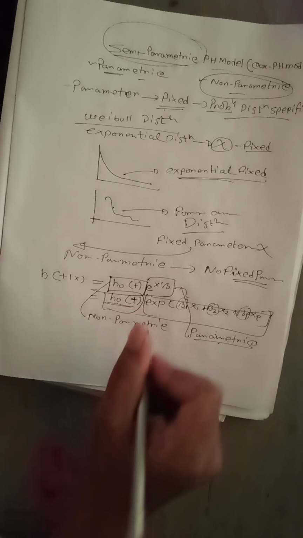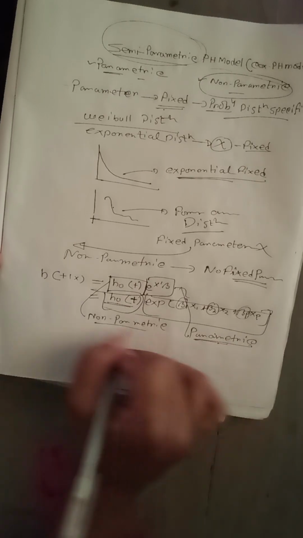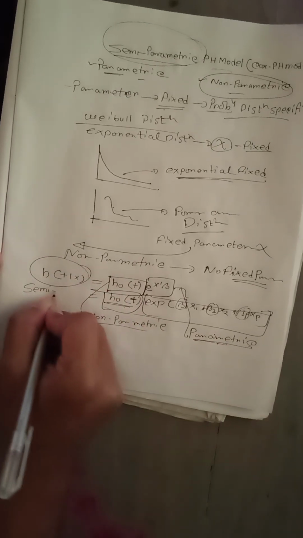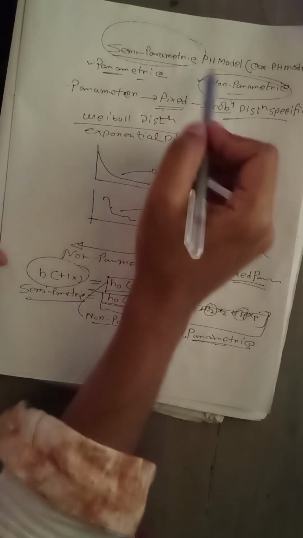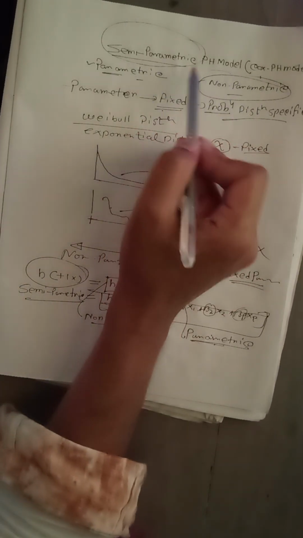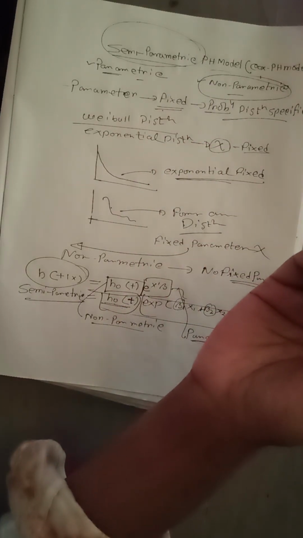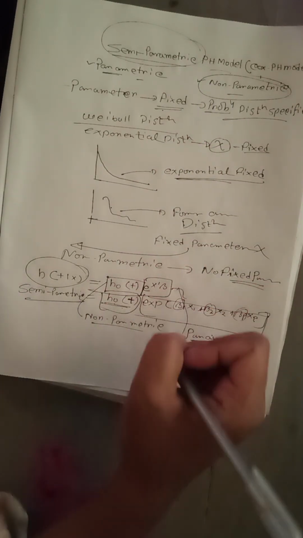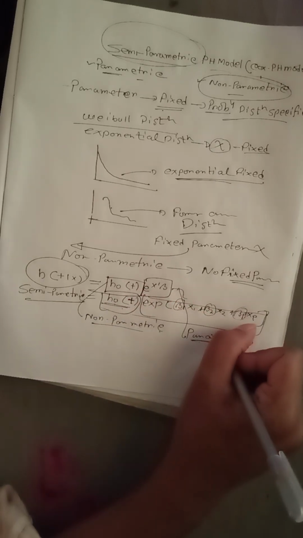So here are two parts, non-parametric and parametric, and together they make this semi-parametric. That is why Cox PH is also known as the semi-parametric PH model, because it has a non-parametric part and a parametric part.